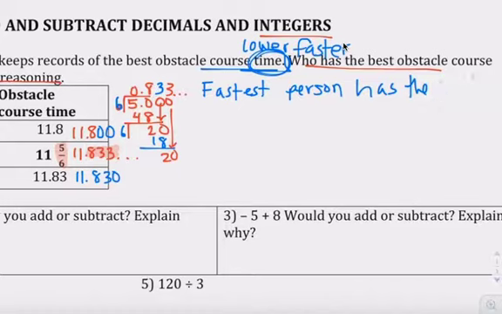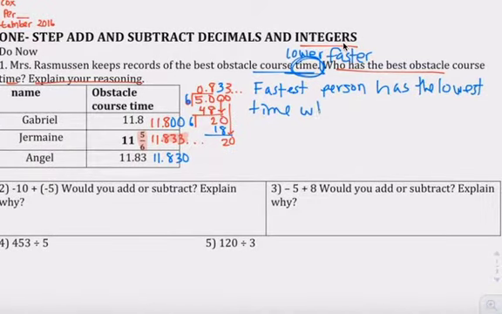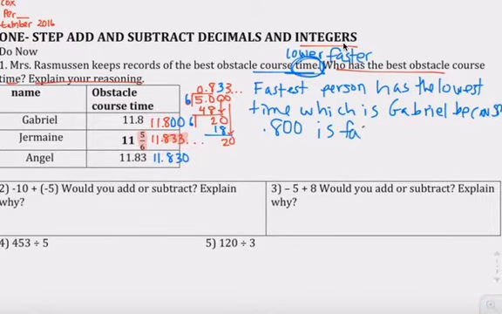The lowest time, which in this case is Gabriel, because 0.800 is faster than 0.833 and 0.830. 800 is faster than 833 and 830. Okay, that's how we explain.